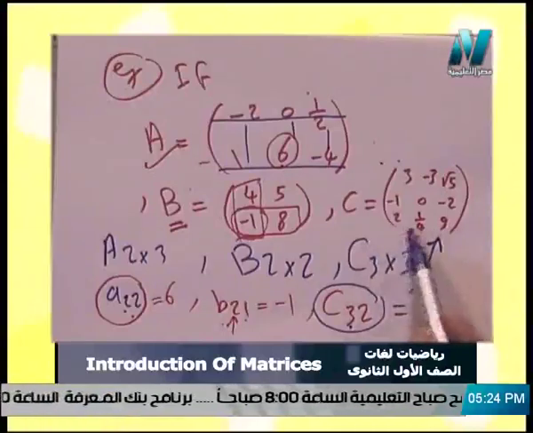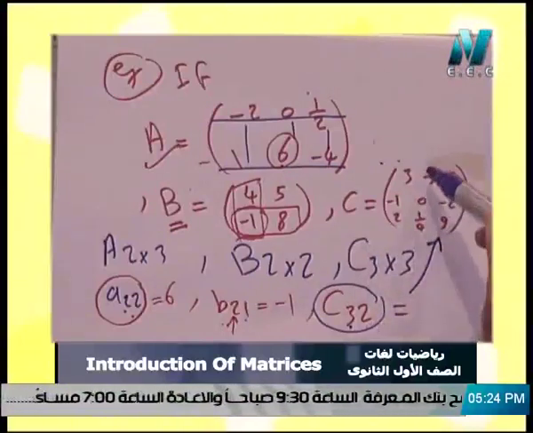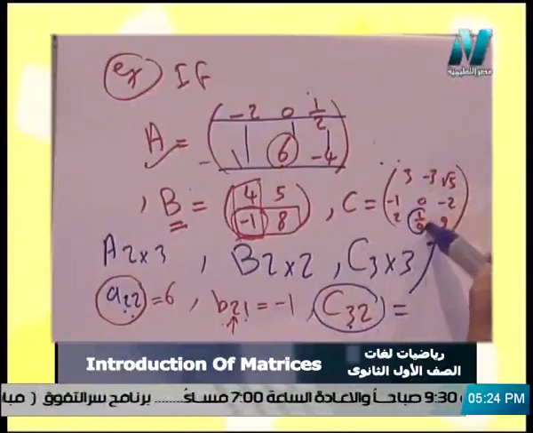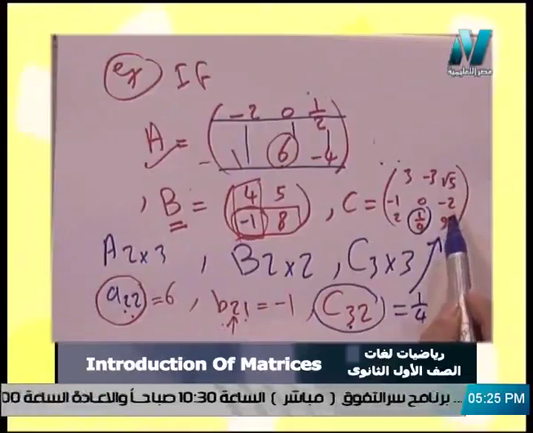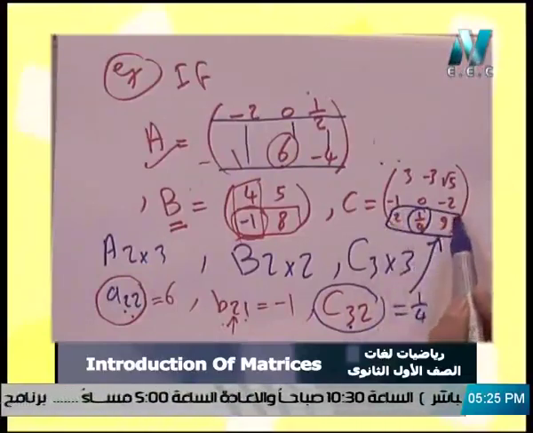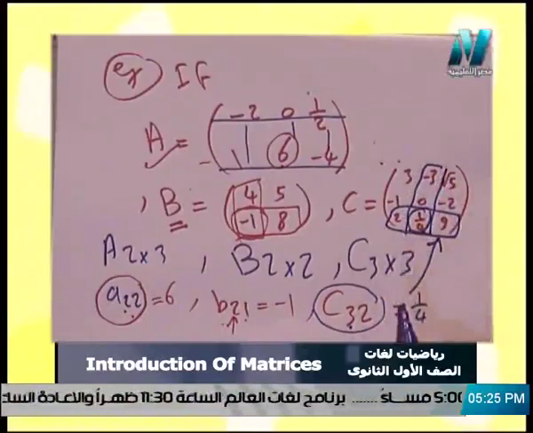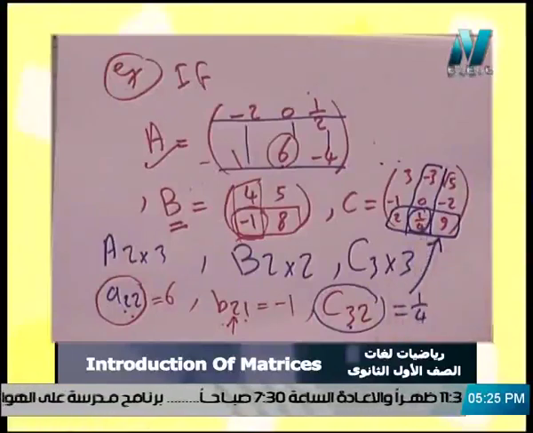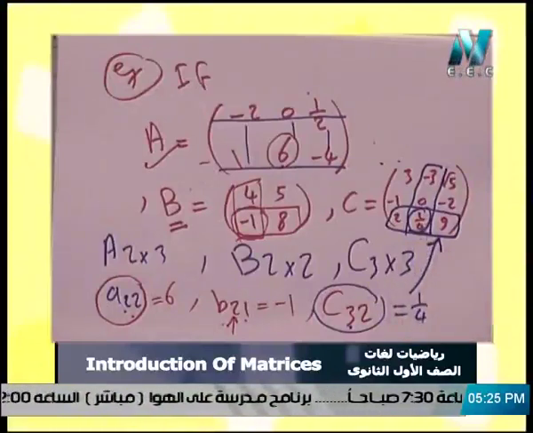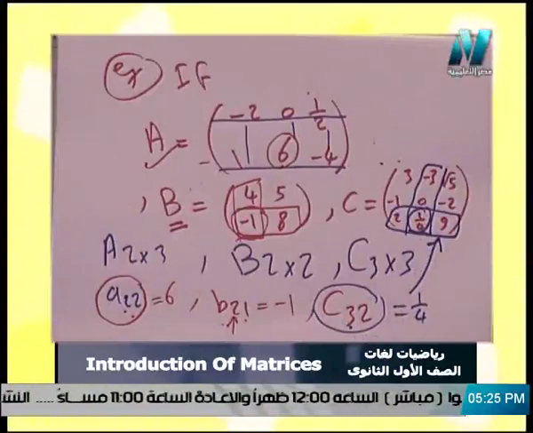Concentrate on row number 3 and column number 2 here, so the number will be 1/4. Again, we have row number 3 and column number 2, the intersection point is 1/4 here. So c32 equals 1/4.